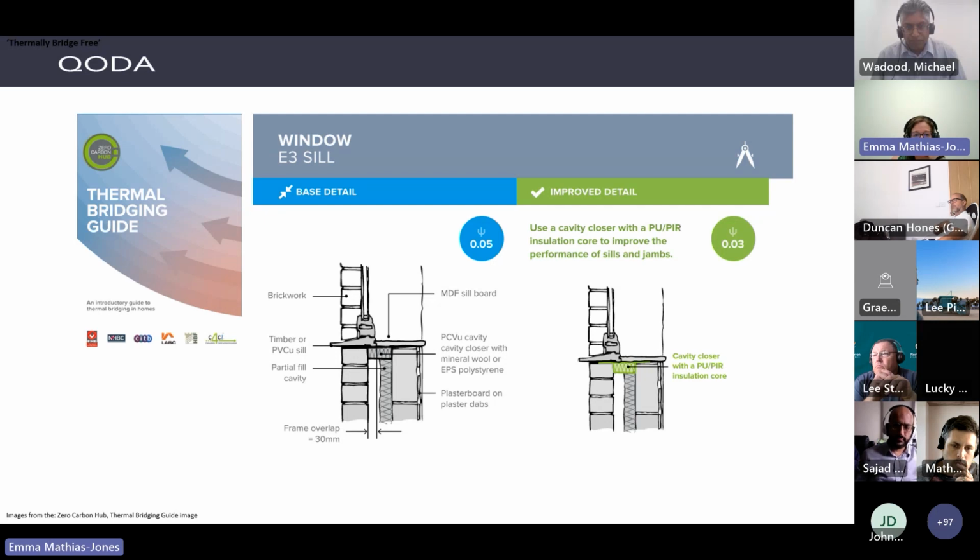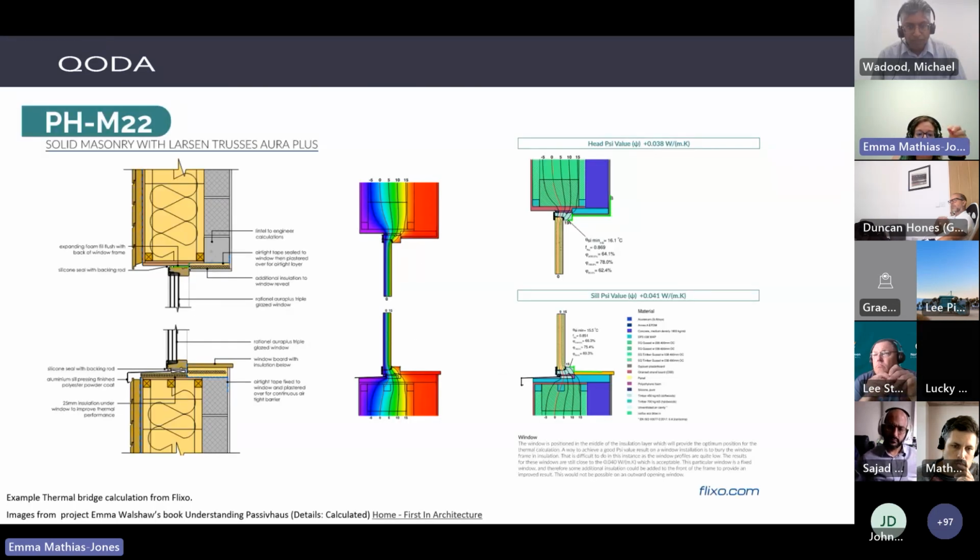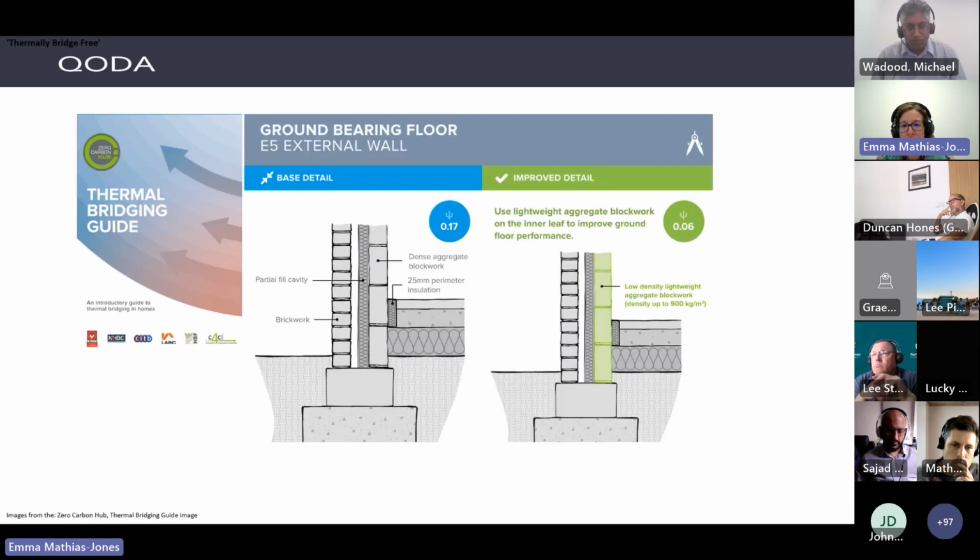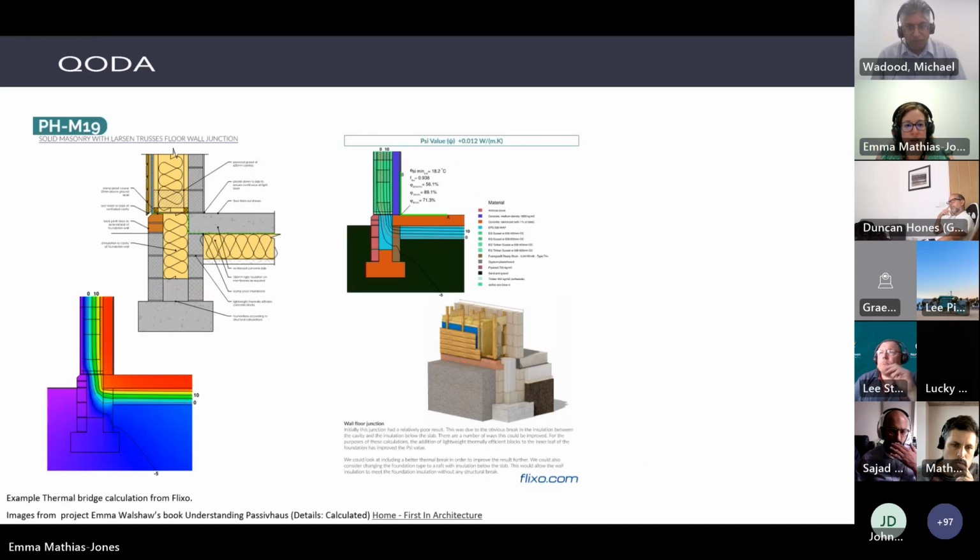In contrast to this detail where the window's central to the insulation zone, you've got a really good U value there and a really low thermal bridge of 0.038. So that's a really good detail there. They go through loads of different ones.